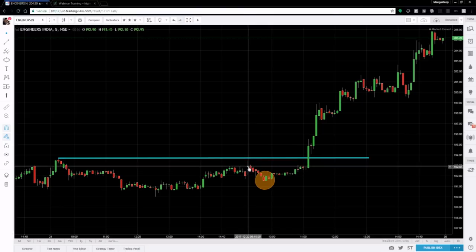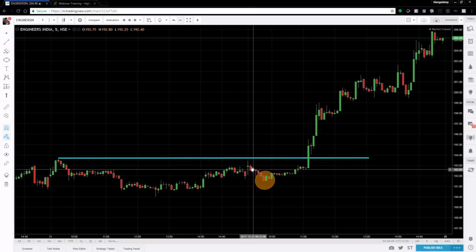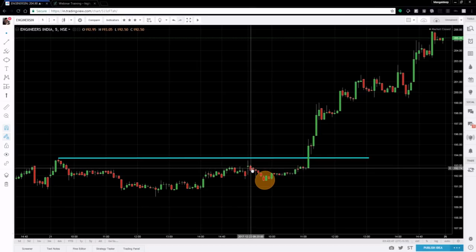We cannot be sure just by seeing this first 5 minute candle, because you see the body is very small, and we have long wicks both at the top and the bottom of the small body, so it becomes very indecisive. So what will a trader do? He will wait. He gets two red candles after the first 5 minute candle.